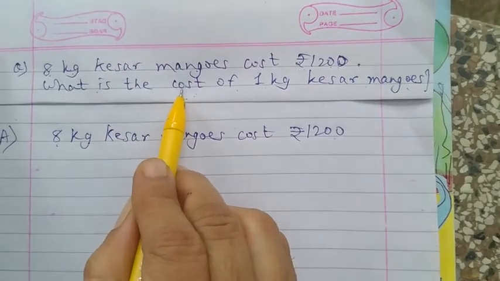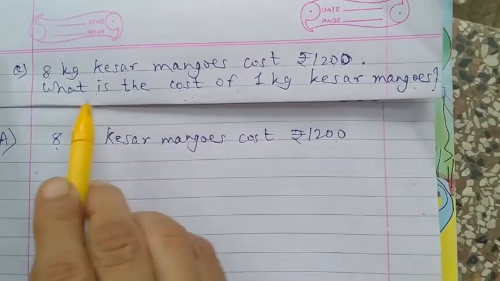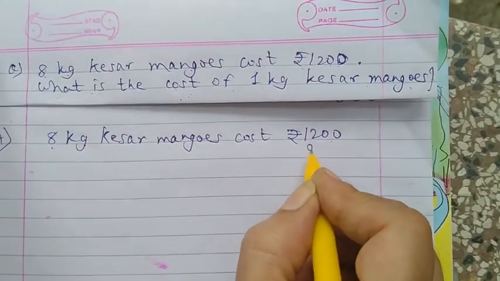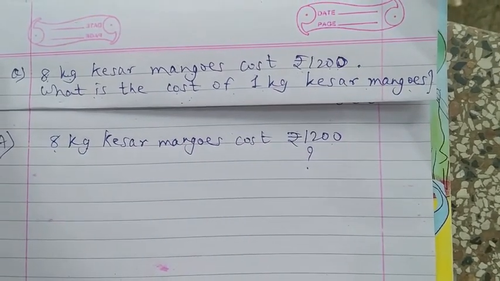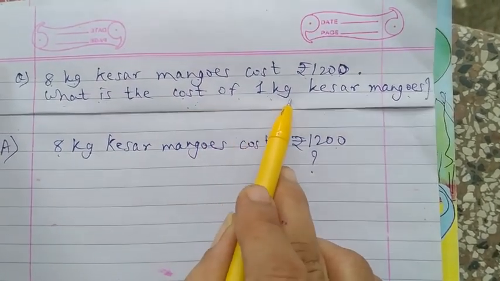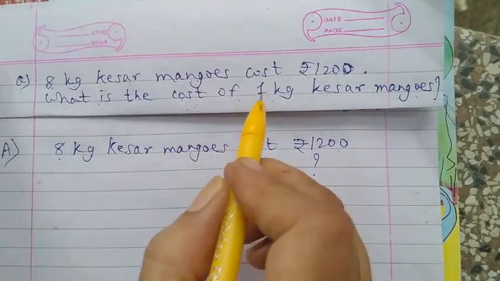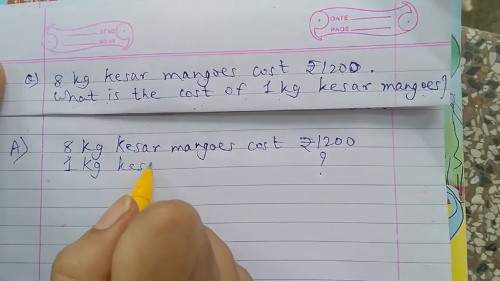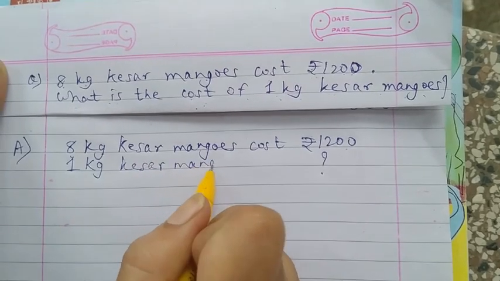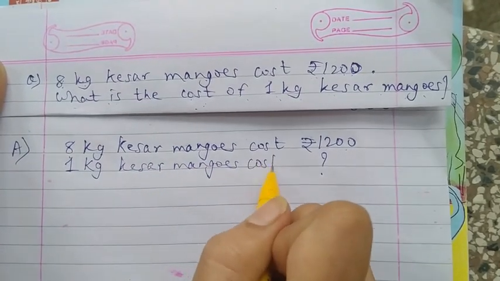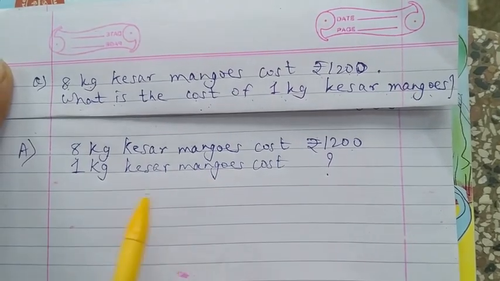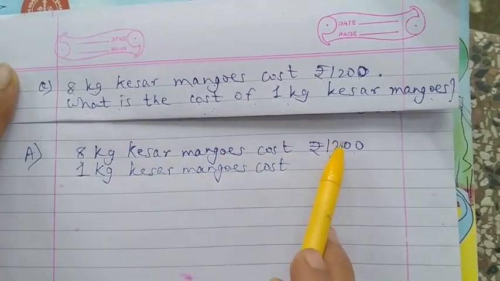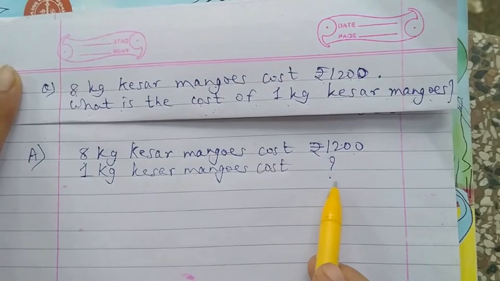What is the cost? Cost is in rupees. So what is asked? I'll put a question mark here because I don't know the answer, I have to find it out, of 1 kg Kesar mango. So kg below kg. So 1 kg Kesar mangoes cost rupees question mark. Now 3 values are there, 1, 2 and 3. Fourth one is question mark.